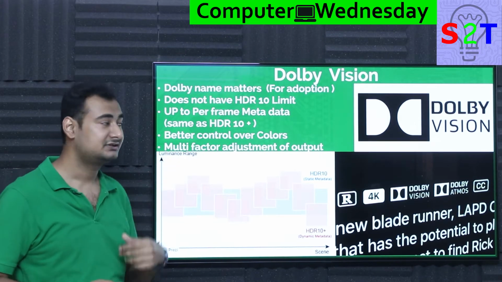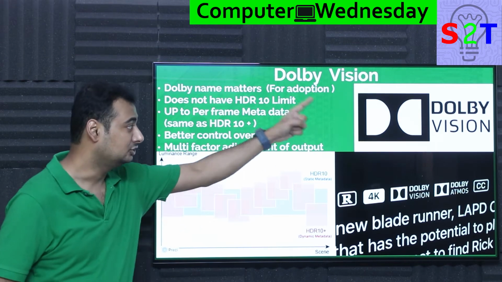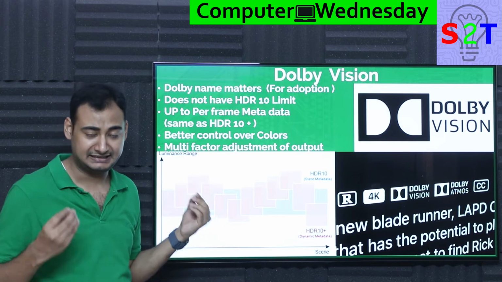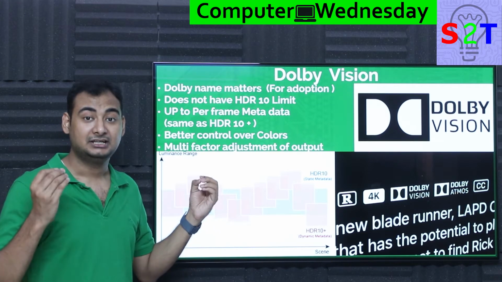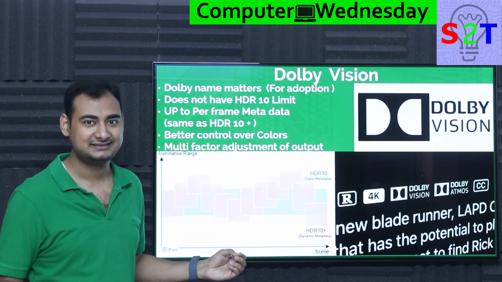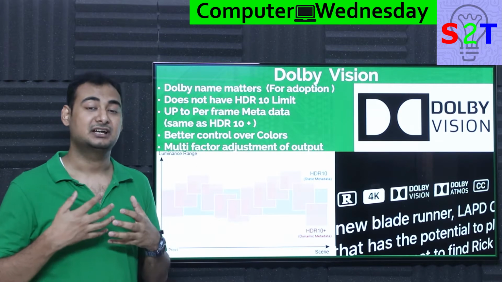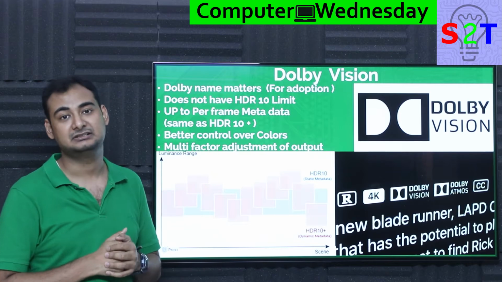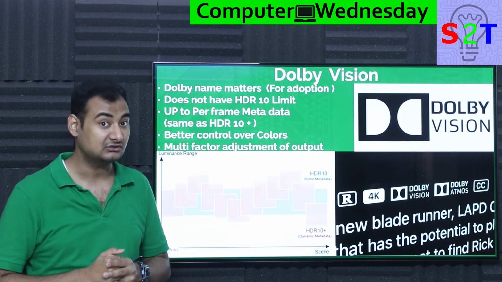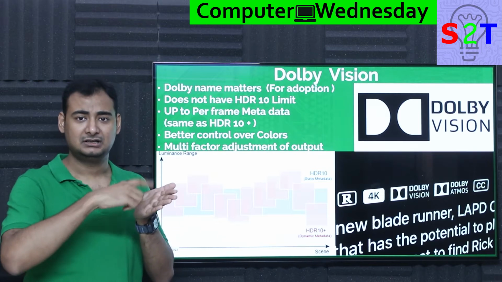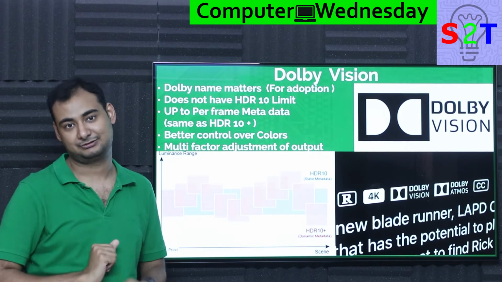So Dolby started to create a new standard known as Dolby Vision. Now the benefit of Dolby Vision is that Dolby is a huge name. Have you ever heard of something known as DTS? If you haven't, that's the reason for Dolby. Dolby is so big a name that they created an object-oriented sound system known as Dolby Atmos. I can guarantee you, if you are using any modern mobile phone, you can scroll down on the notification, and there might be a logo for Dolby Atmos.